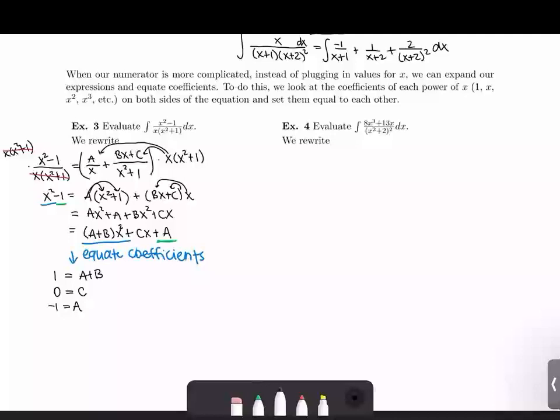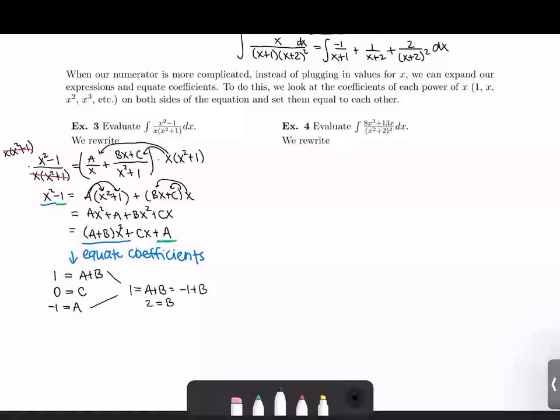So now we need to solve for b, and we can do that by combining these two equations so that I have 1 equals a plus b. Well, I know that a is equal to -1. So when I add 1 to both sides of this equation, I get that 2 equals b. So we can combine those first two equations to give me an equation that solves for b.